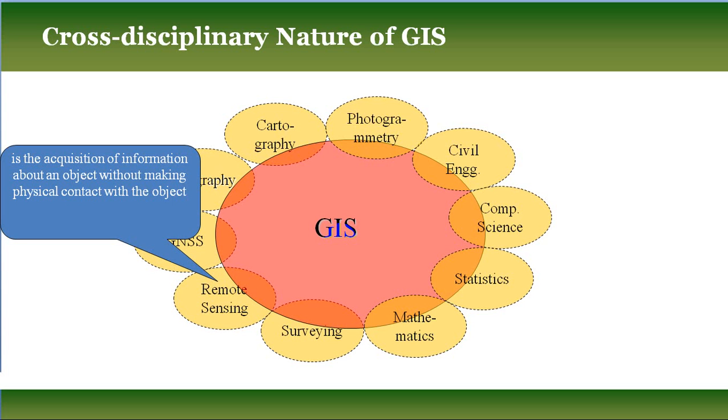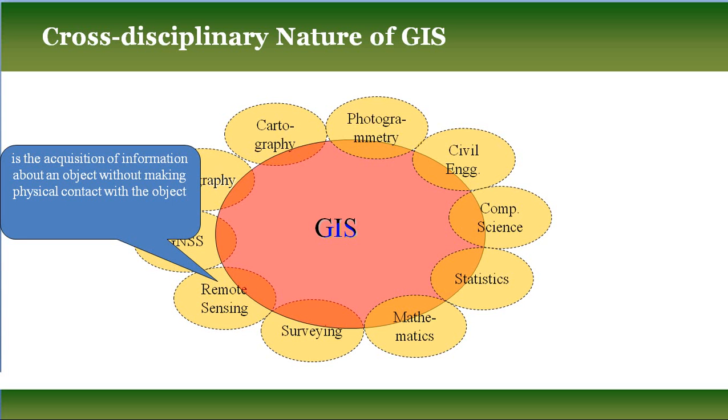So it is the science of obtaining information about objects or areas from a distance, typically from aircraft or satellites. If you collect information from aircraft, the output is called an aerial photograph. If you collect this information directly from a satellite, then it is called a satellite image.